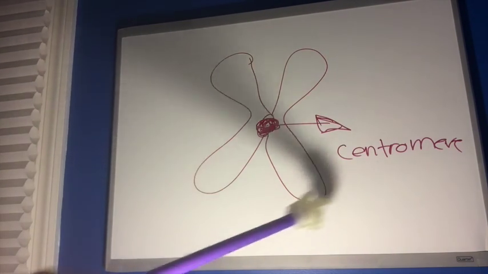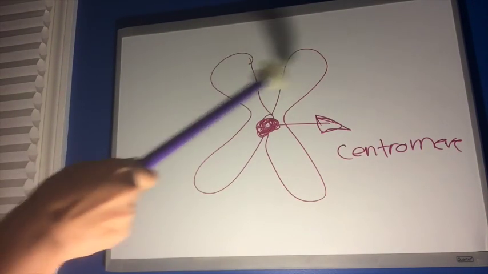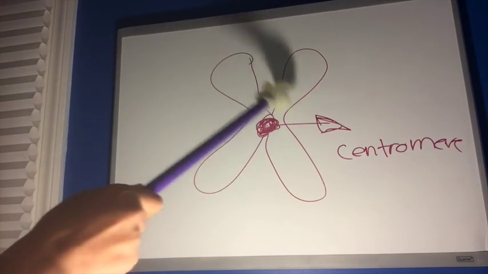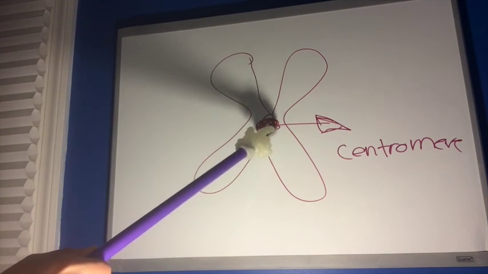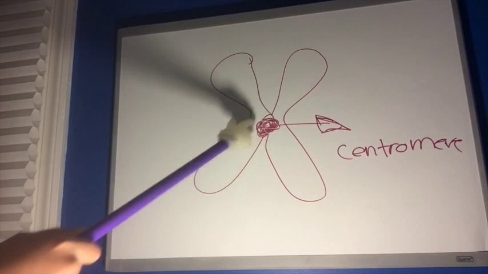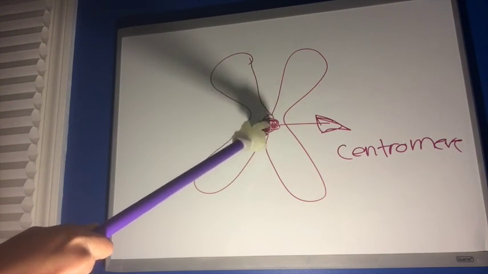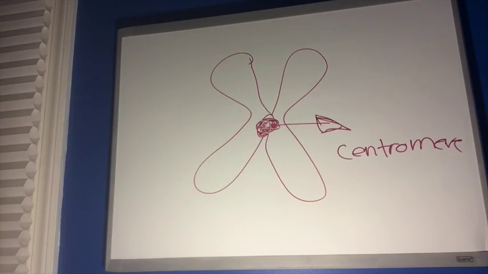This is a chromosome with two sister chromatids, and the two sister chromatids are connected by a centromere. The centromere is this black dot right here that I am pointing at. Sorry if I didn't explain it before.